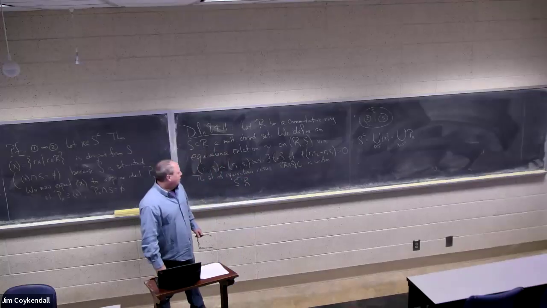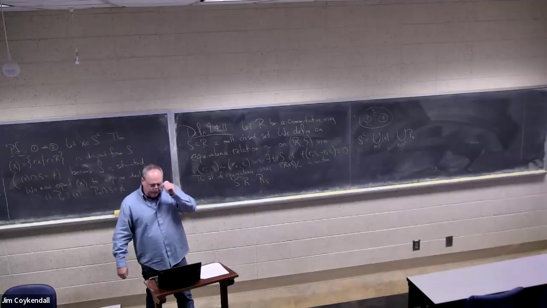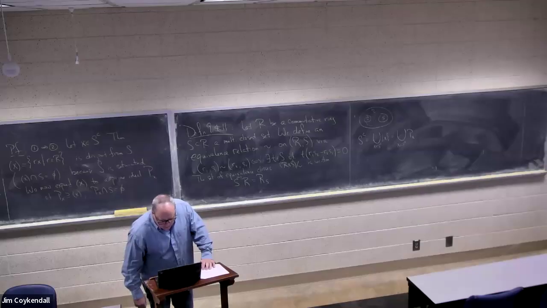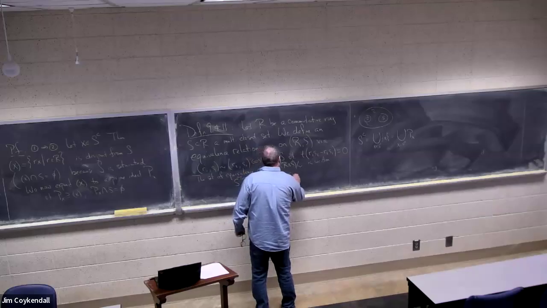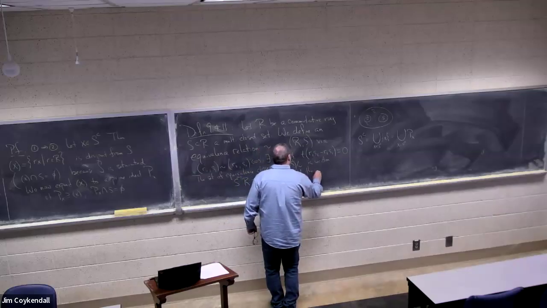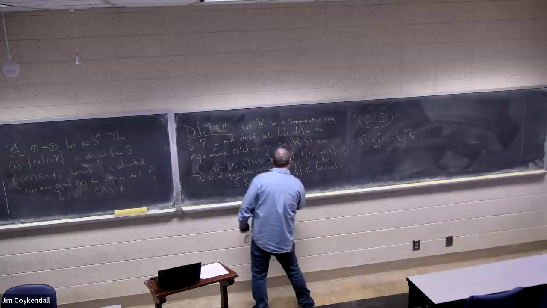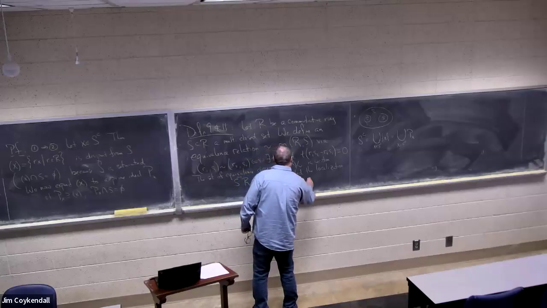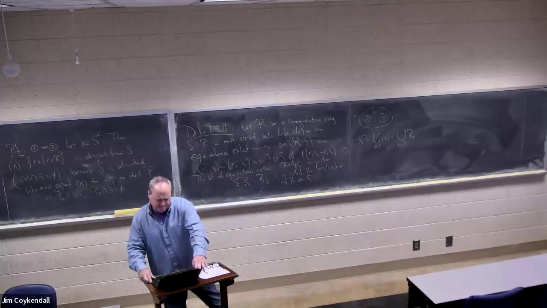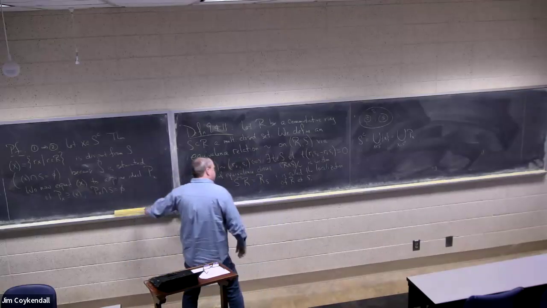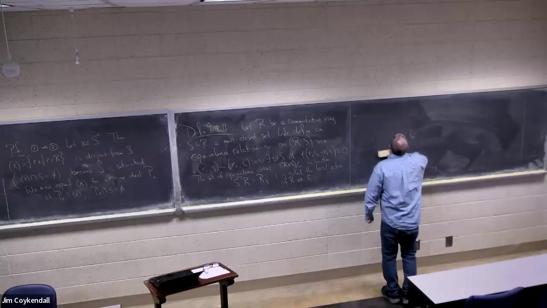Sometimes it's written S inverse R. More commonly, we write R sub S. And it's called the localization of R at S.